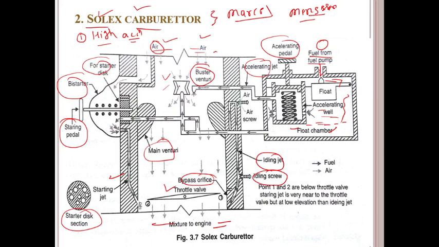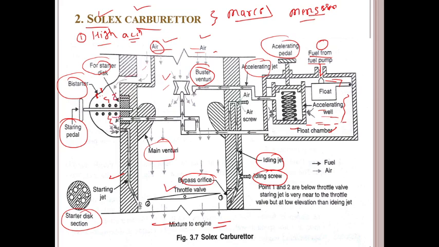If you consider working at the time of starting, a rich mixture is required by the engine. The Solex carburetor's starting circuit, or bystarter circuit, is used. There is a bystarter during the starting of the engine to provide a rich mixture at the time of starting.